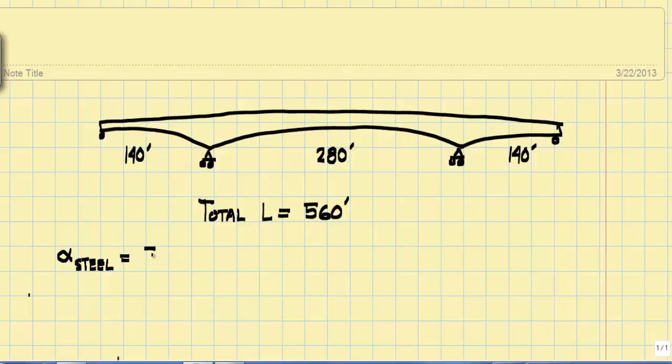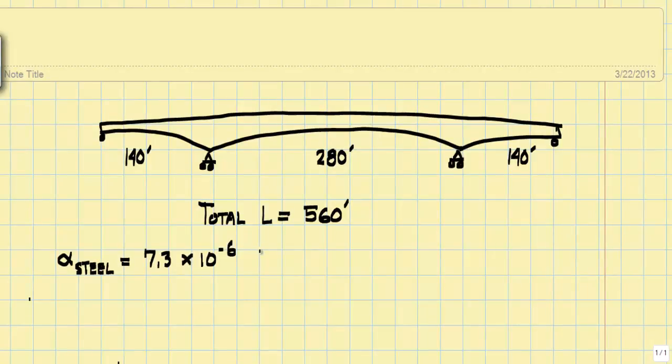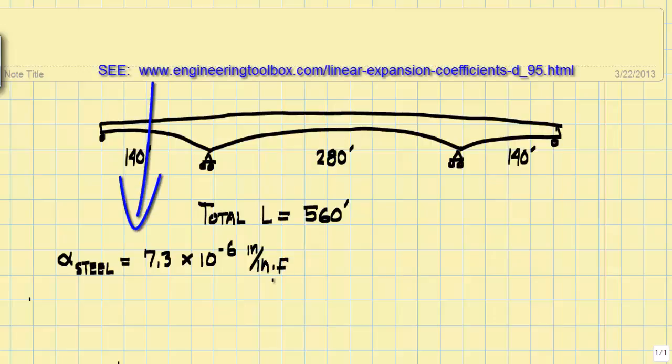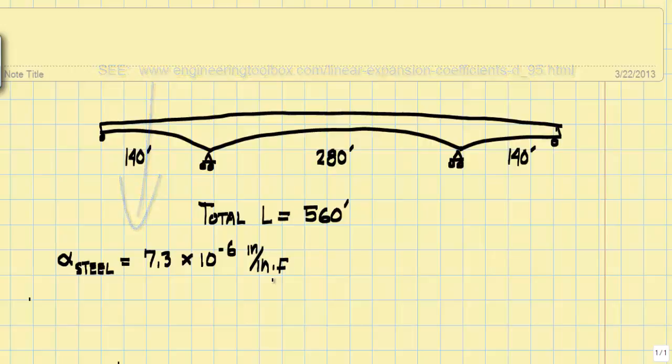That coefficient is 7.3 times 10 to the minus 6 inches per inch per degree Fahrenheit. That can be taken right off the internet from the Engineering Toolbox website.